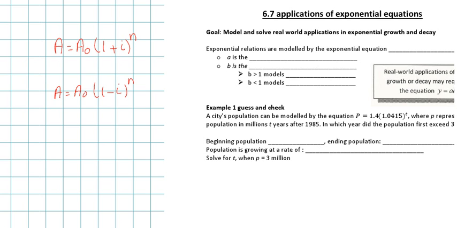Now, these letters, the A and the A naught, can be different. You can call them Y and X. You can call them Y and A naught. You can call them A and P. So they can be different.